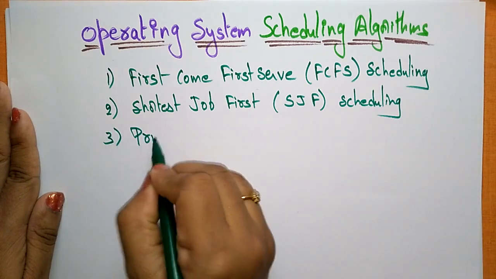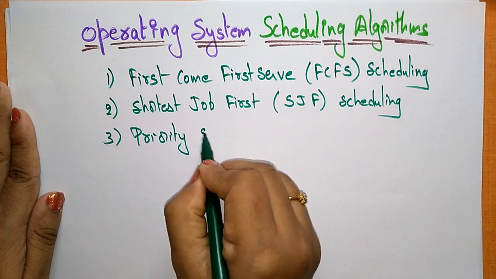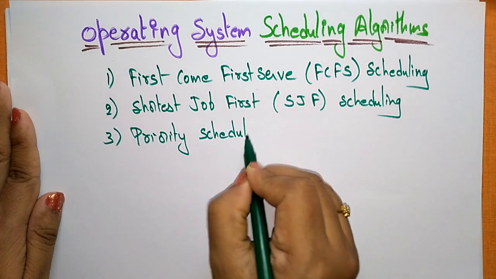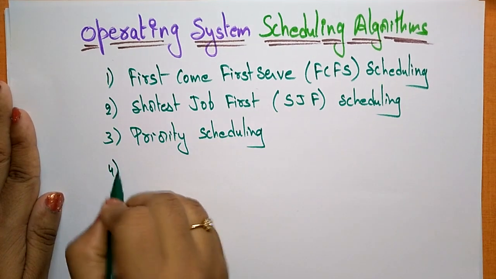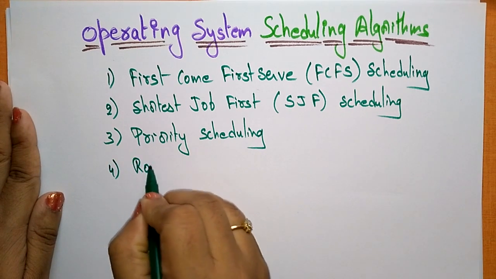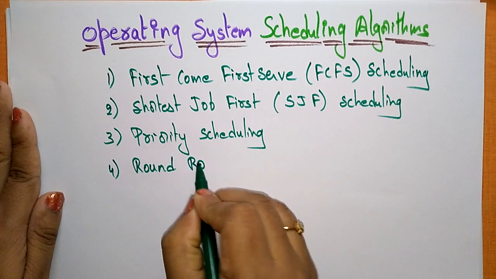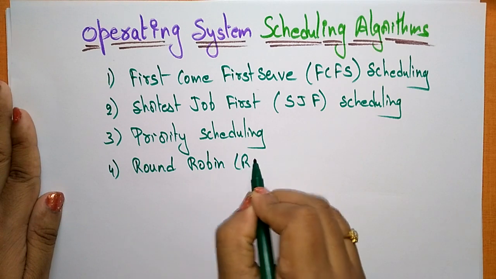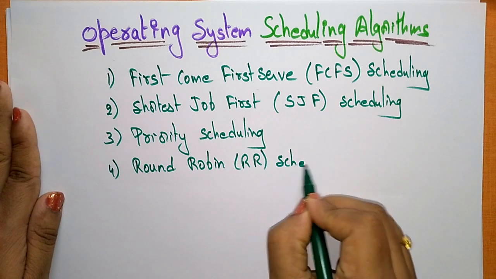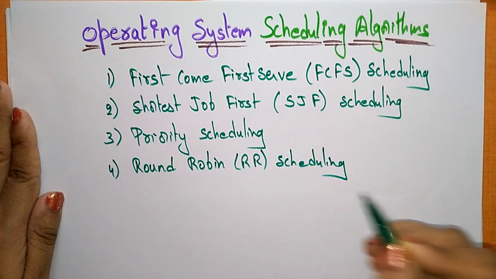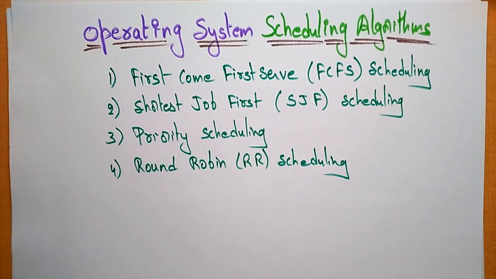Next is priority scheduling. And the fourth one is round robin scheduling, that is RR scheduling. So these are the four different types of scheduling algorithms that are used in the operating system.